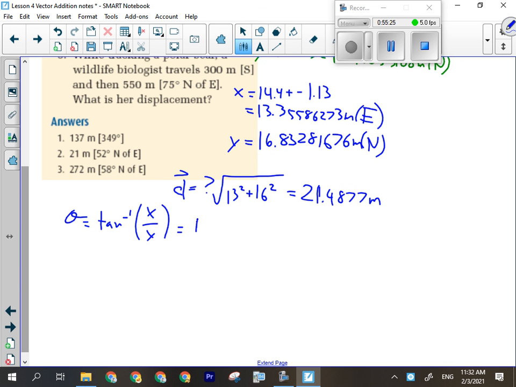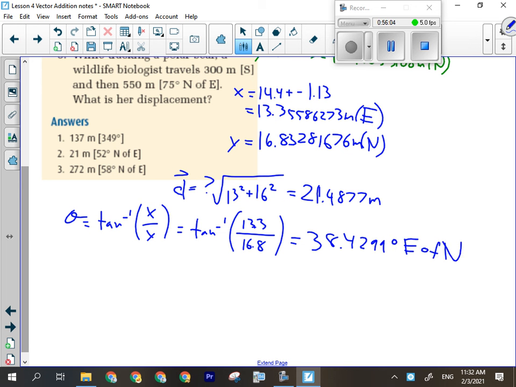So that's going to be tan to the minus 1 of 13.35586273 divided by 16.83281676, which gives us 38.4299 degrees, and for me that's east of north. That's the way I drew the triangle.